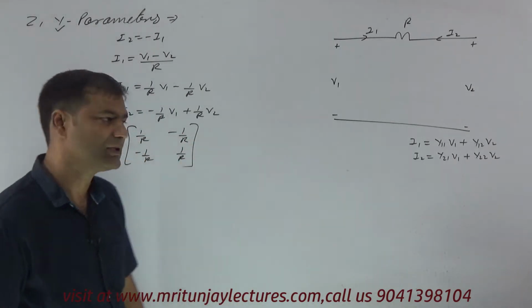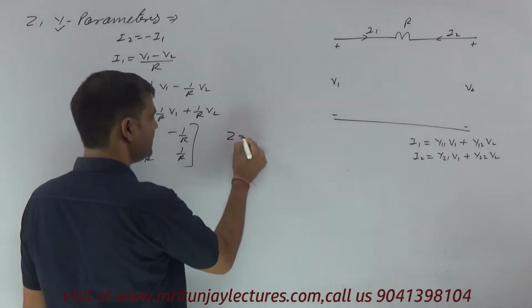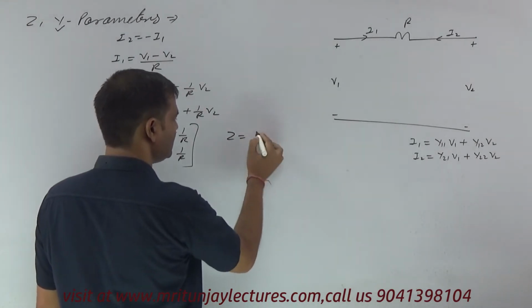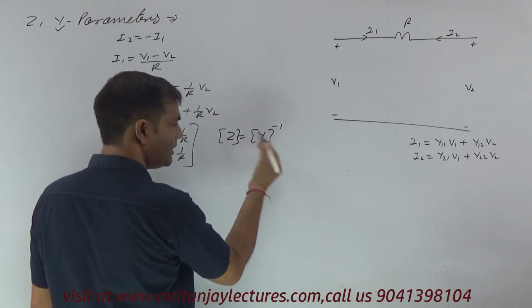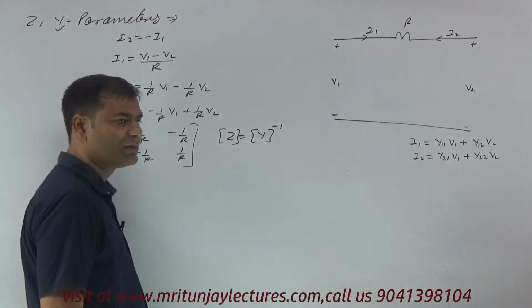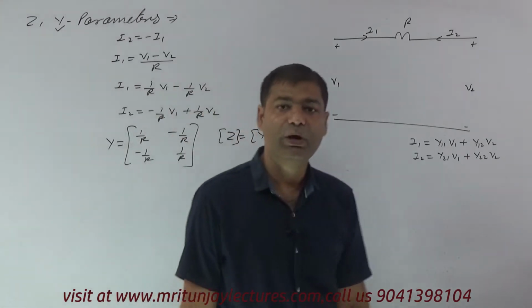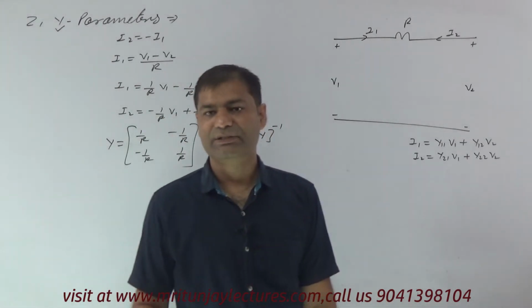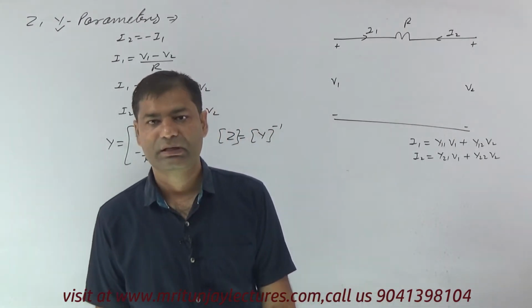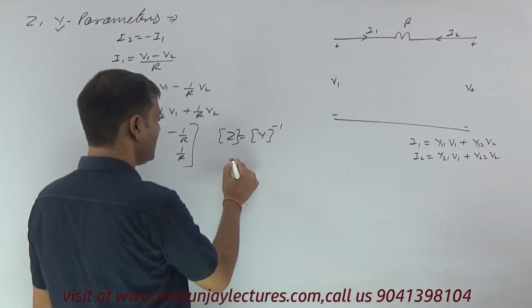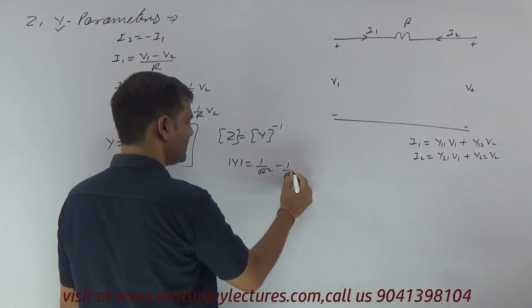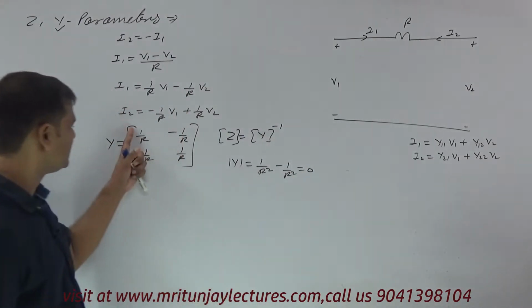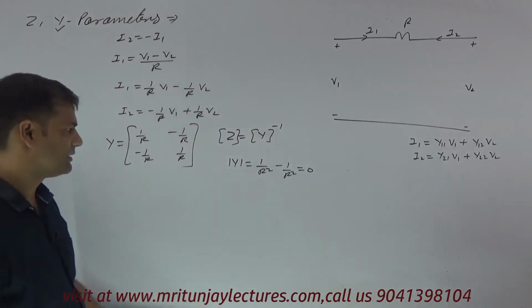What about the Z parameter? I know that Z is the inverse of Y. And Y inverse means adjoint Y divided by mod Y. What about mod Y? We get 1 by R square minus 1 by R square, that is 0.